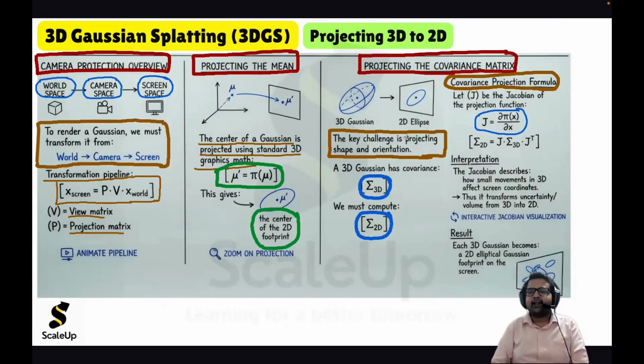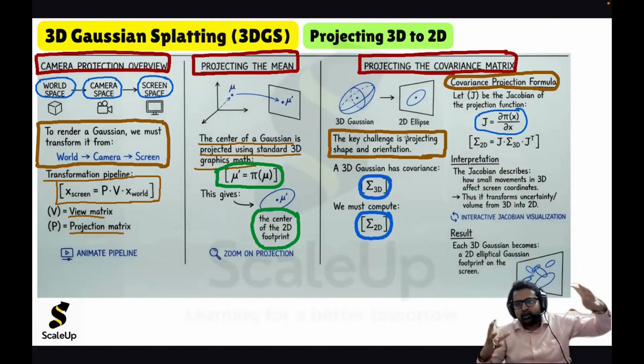See, the idea is that while projecting the shape and orientation, perspective will be a challenge, because if we don't consider the Jacobian, we might get the wrong perspective. Perspective means the height and so on have to change, because a large object in 3D space, when it gets projected, might change its dimensions.